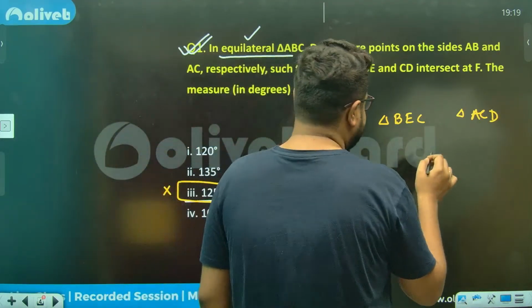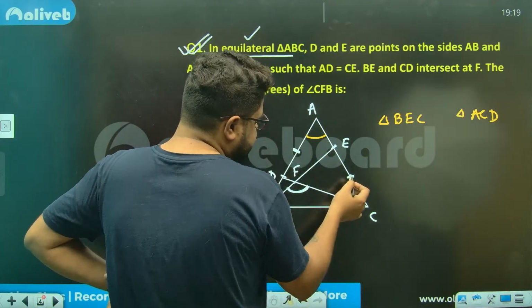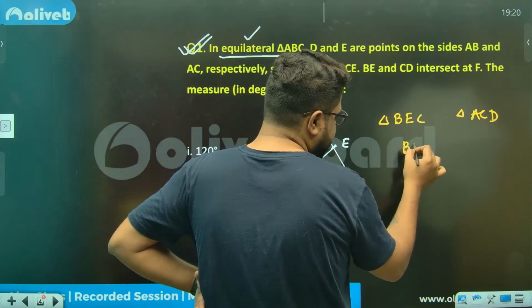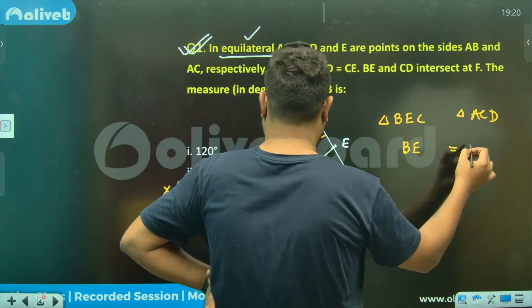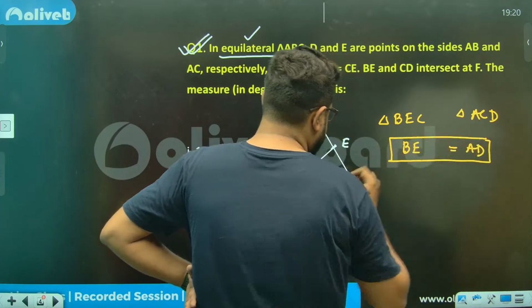Still, let's see. Out of these two triangles, I can say these two sides are the same, meaning BE is equal to AD. Anything else equal?